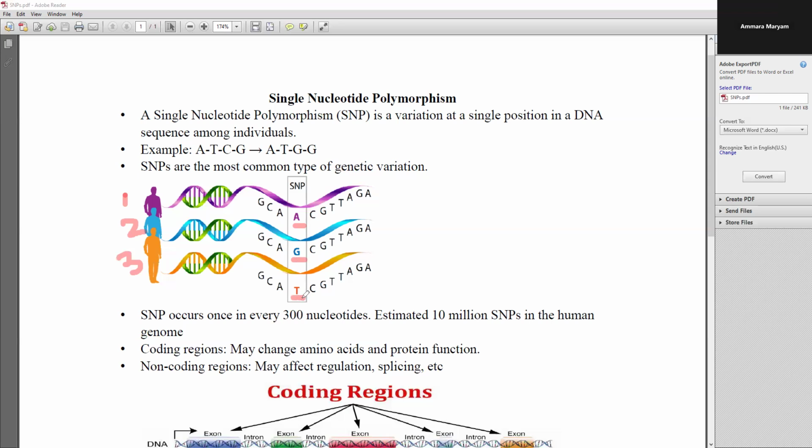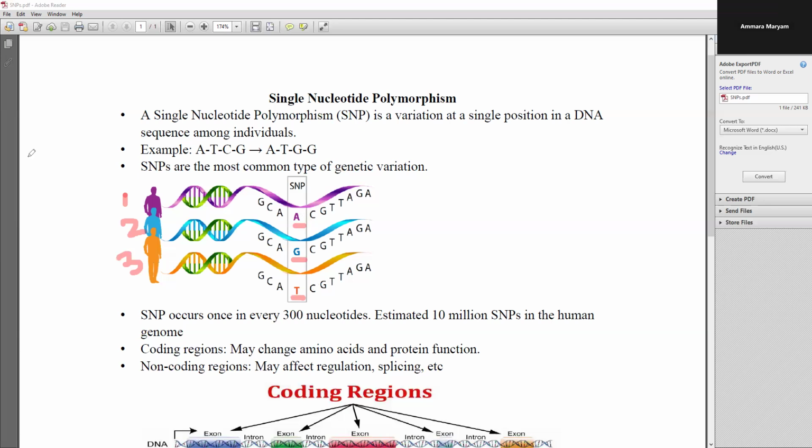So these SNPs are the most common type of genetic variation among people. Why are these called SNPs? Because these are single nucleotide polymorphisms. They occur at a single nucleotide, at a single position. They occur when a single nucleotide is replaced by another nucleotide at a specific position in a genome.